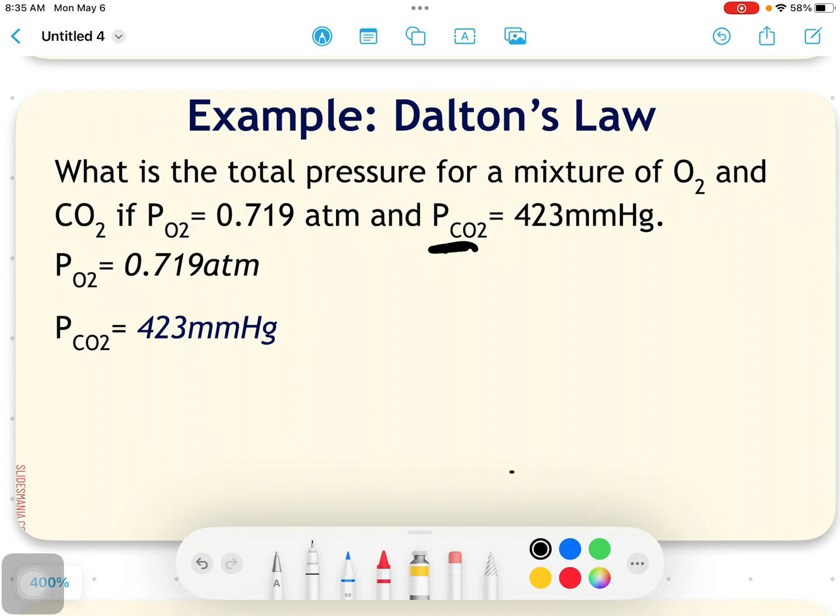It doesn't matter which one you convert to; I will always make sure to have the answers for both. Let's convert our atm into millimeters of mercury. I'm going to build my train track out. For every 1 atm, there are 760 millimeters of mercury, so we multiply, then divide.